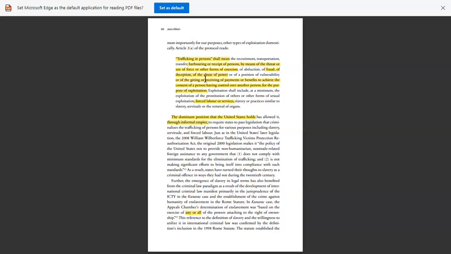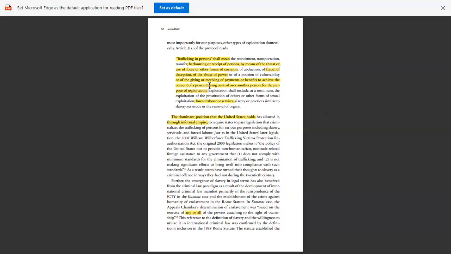See, giving or receiving payments or benefits to receive the consent of a person is the same thing as coercing or incarcerating or pointing the gun at or even taking the children of a man or threatening to do such things. This is exactly what happens with CPS: they force you through threat into what they call a voluntary contract. Where is a voluntary contract when you're being forced into the contract? How can you still use the term voluntary?